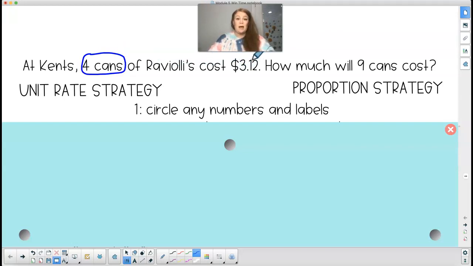So $3.12 is what? Money. So I can circle the label money to go with that one. How much will 9 cans, 9 what? 9 cans cost. So I circled everything I can see and the label.